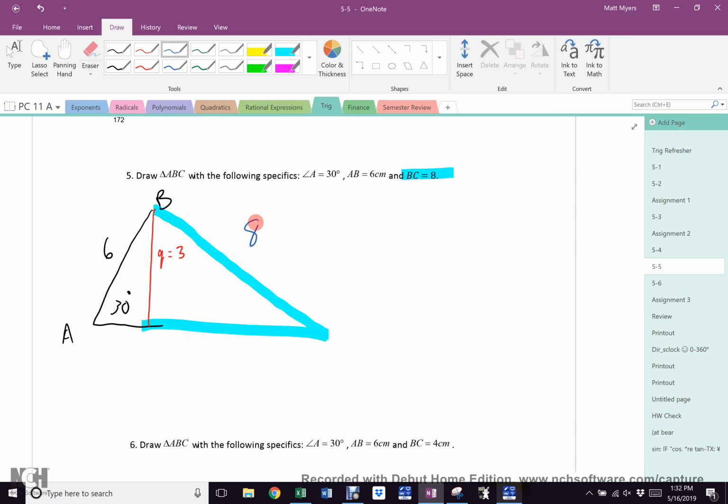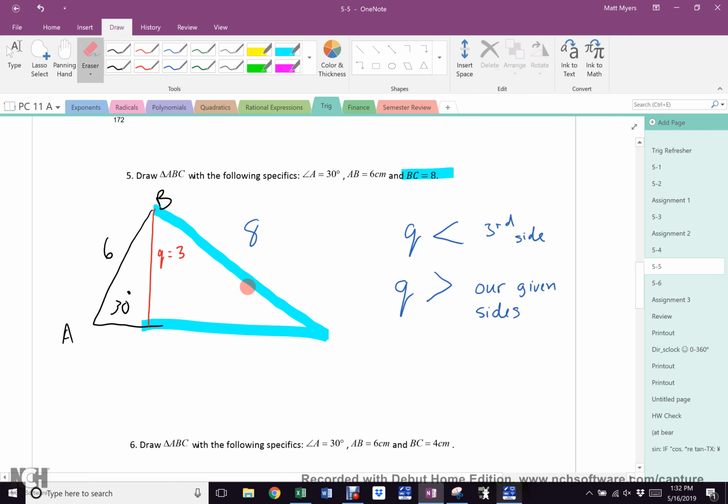If Q equals the third side, we got a right angle triangle. If Q is greater than the third side, then we have no triangle. What do we have here? Q is what? Q is 3, our third side's 8. What is it? Q is less than our third side, but Q is also greater than our given sides.